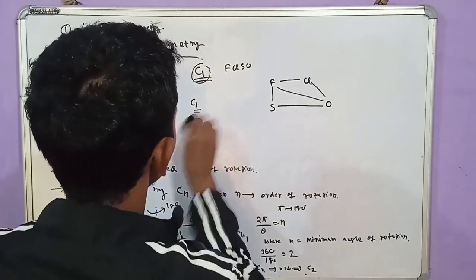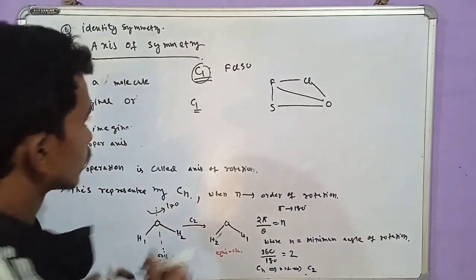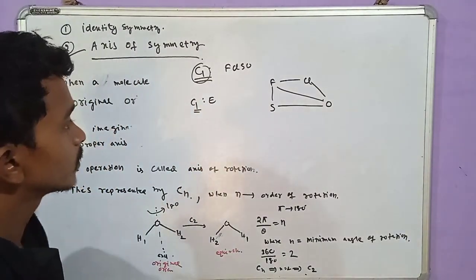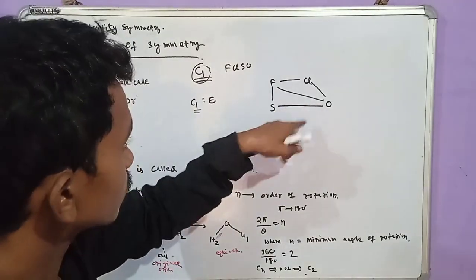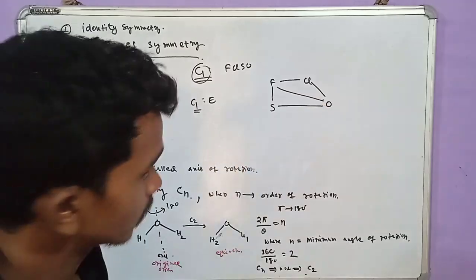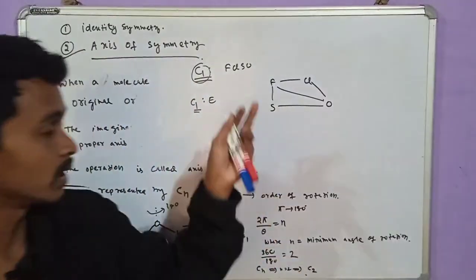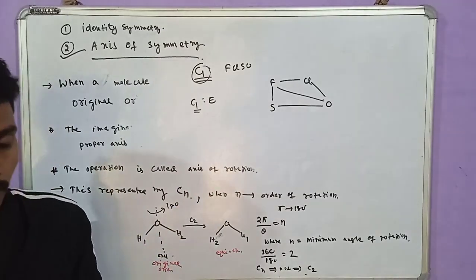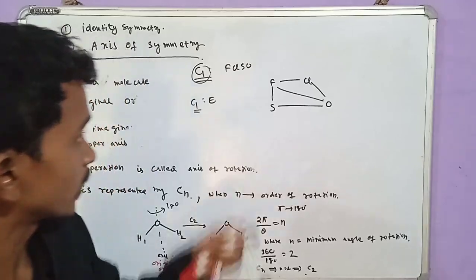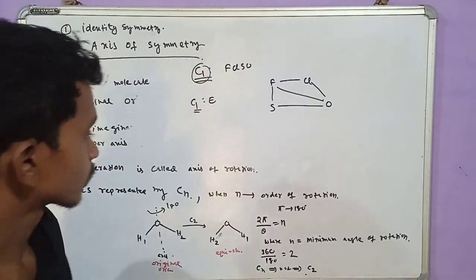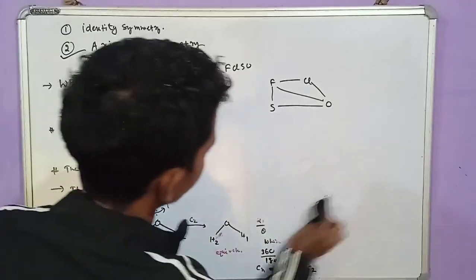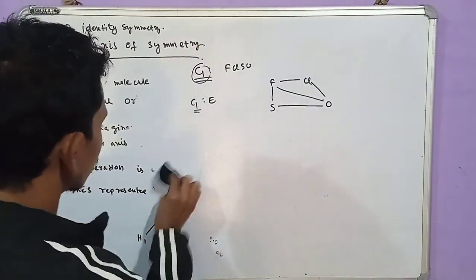For this C1, only the E element is present, where all the atoms are different, that is, all are irregular and they are like chiral molecules. We will discuss that. Okay, for the time being let's see it. So C1 is this type of molecule.